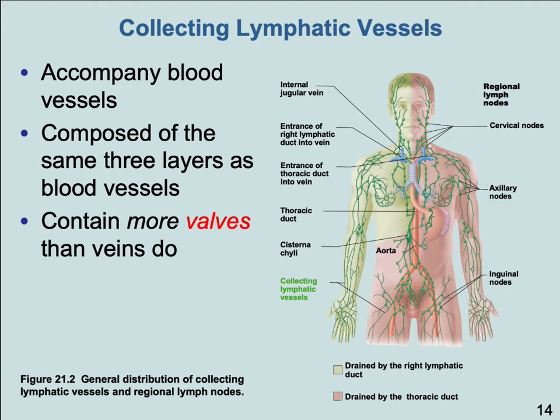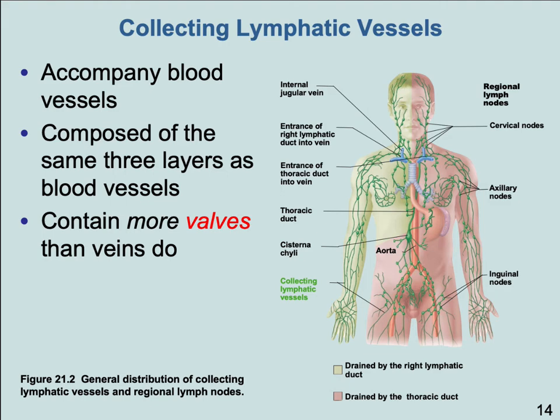After the lymph passes through the lymphatic capillaries, it next drains into the collecting lymphatic vessels. Collecting lymphatic vessels are narrow and delicate, and so they're not usually seen in a dissecting laboratory. They are accompanied by blood vessels.